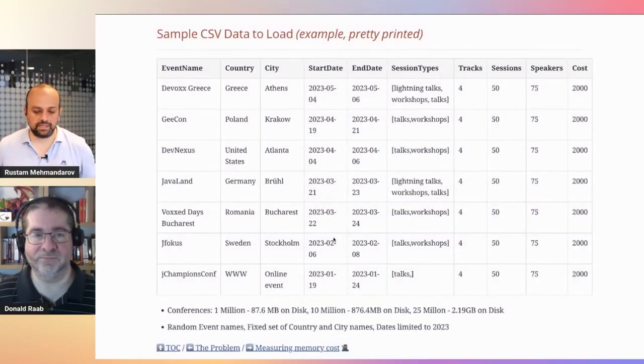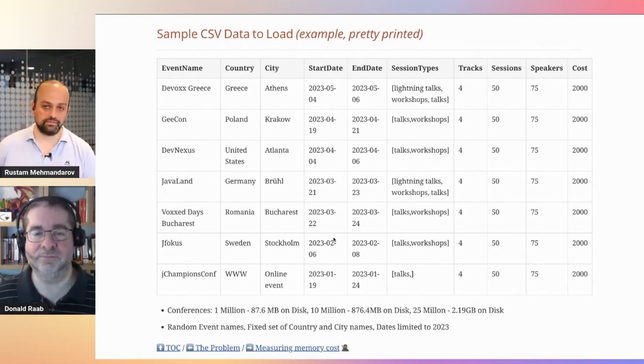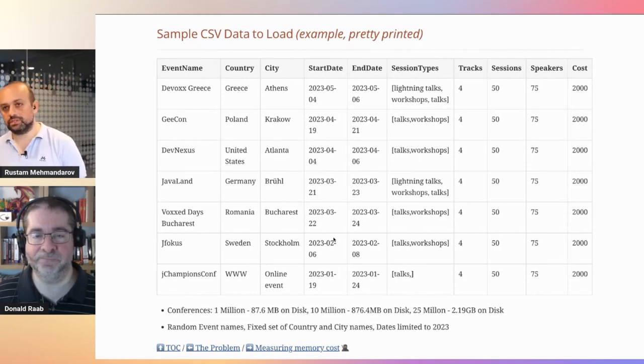So let's talk about data. The way it looks, it's a bunch of columns, like what you would typically expect from your data. It has an event name. It has a country where that event exists or will take place. It has a city where it will take place. It has 2 date fields, a start date and an end date.